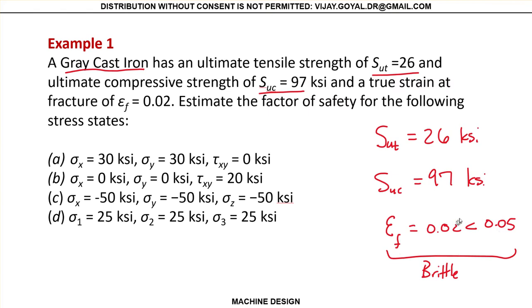Okay, so when you're doing these problems, the first thing you have to understand is what exactly it is that you want to do. You are trying to find the factor of safety. For these problems, we have the maximum normal stress theory.